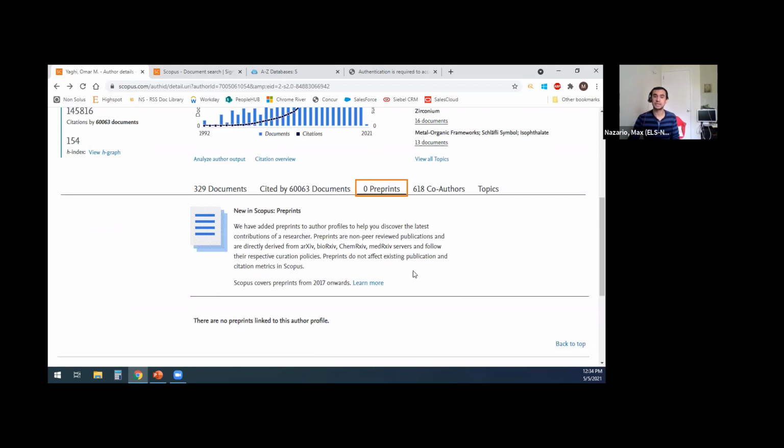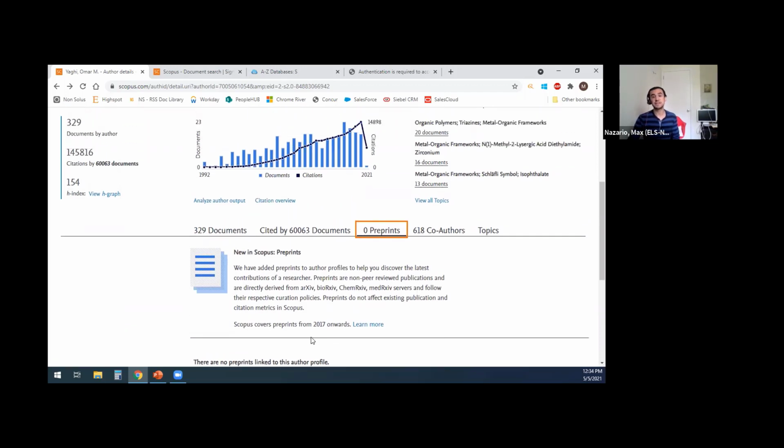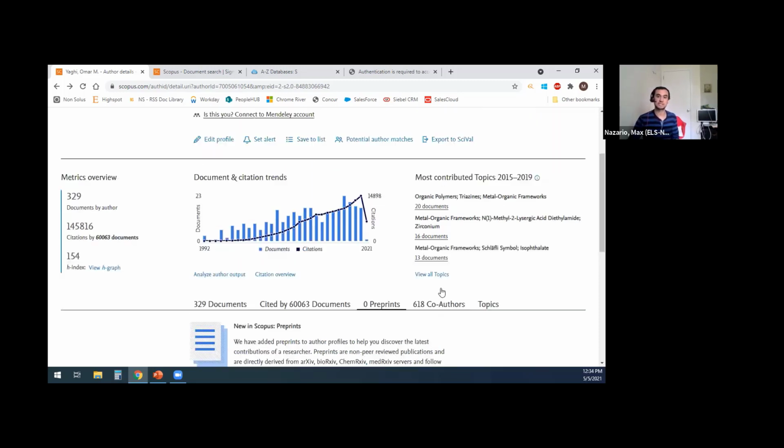However, when you are looking at an author's profile, if they have shared any preprints in these four main preprint servers, arXiv, bioRxiv, chemRxiv, or medRxiv, those will be pulled into that author's profile on Scopus. We are also adding in the coming months preprints from SSRN, which is another preprint server that is fairly popular.